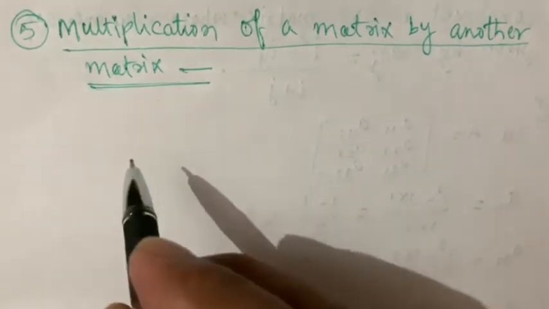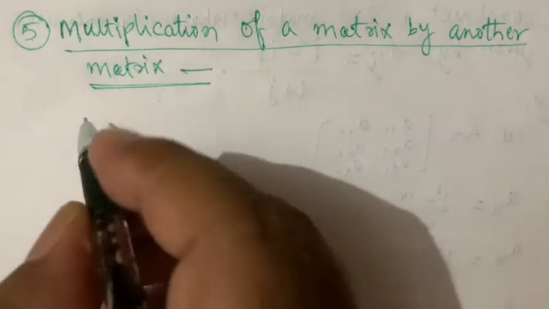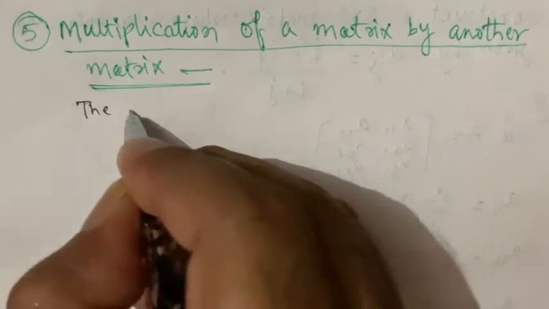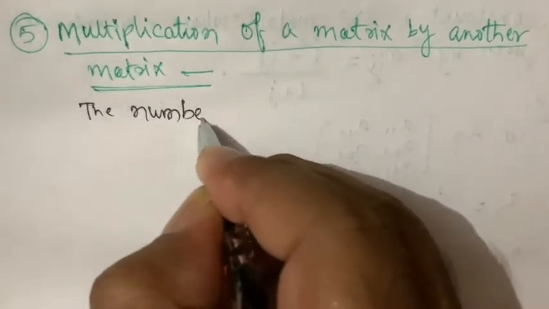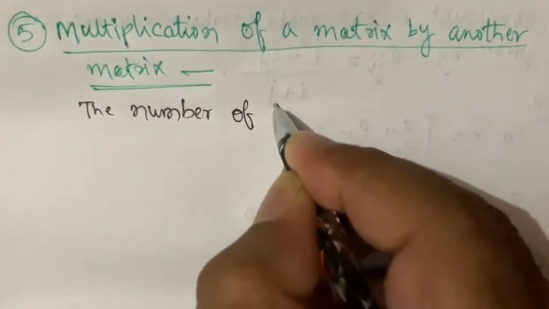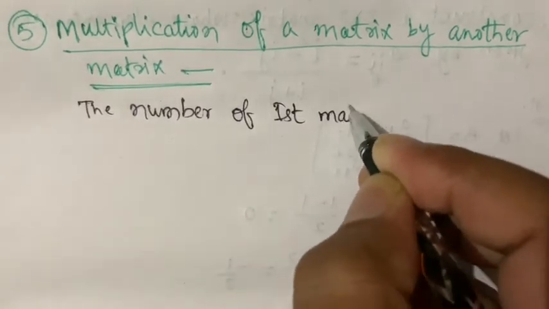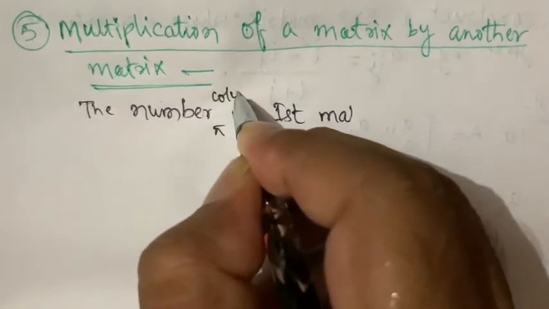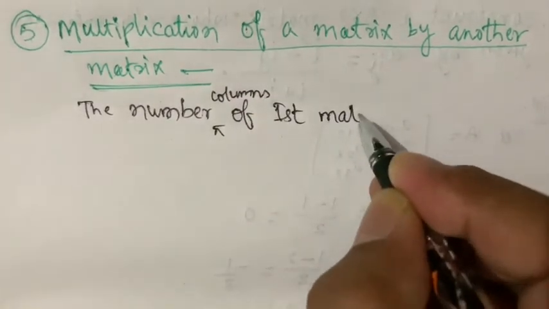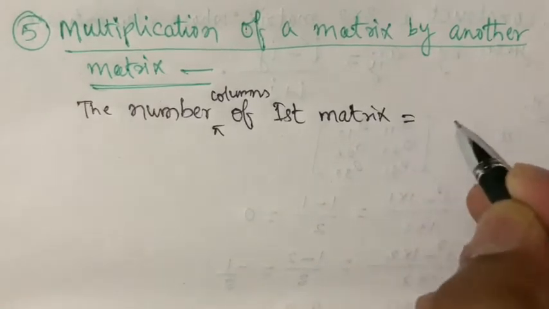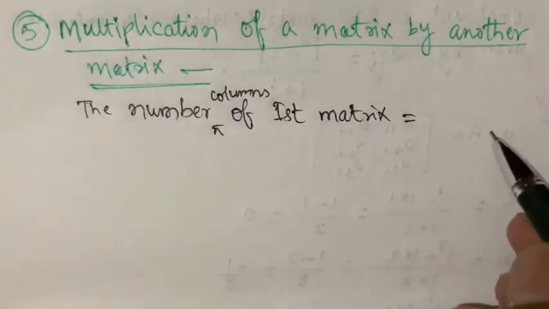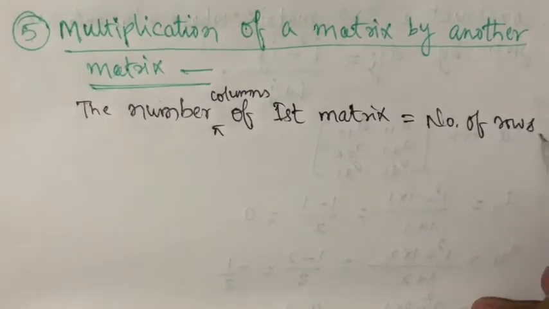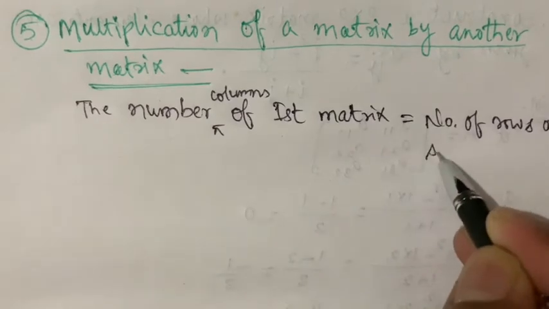For matrix multiplication to be possible between two matrices, the number of columns of the first matrix must be equal to the number of rows of the second matrix.